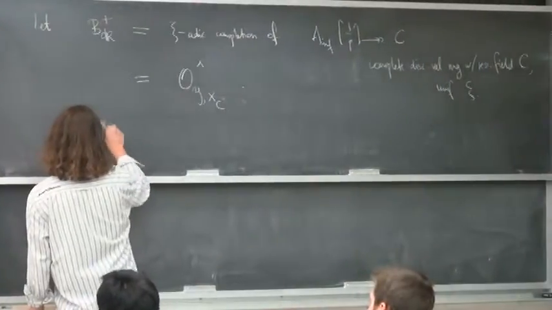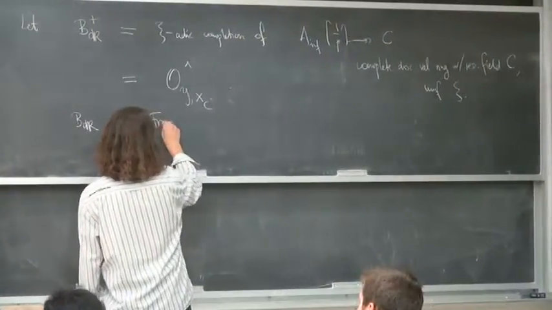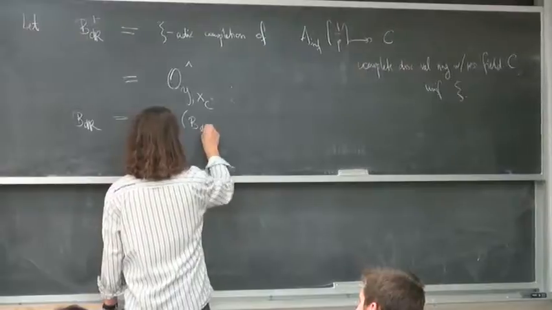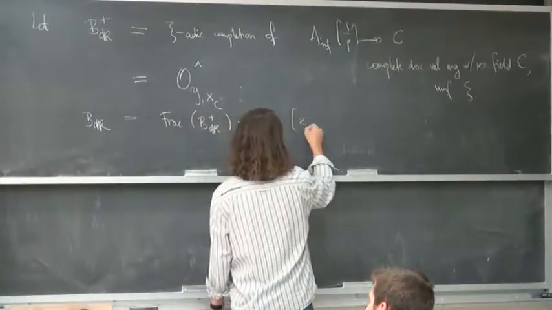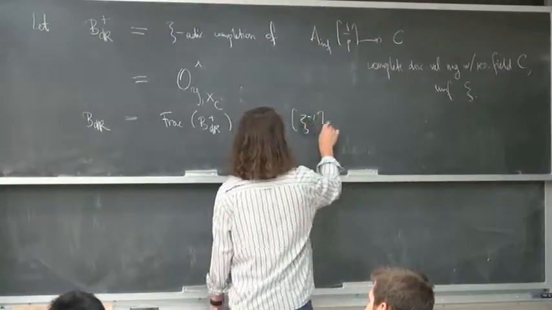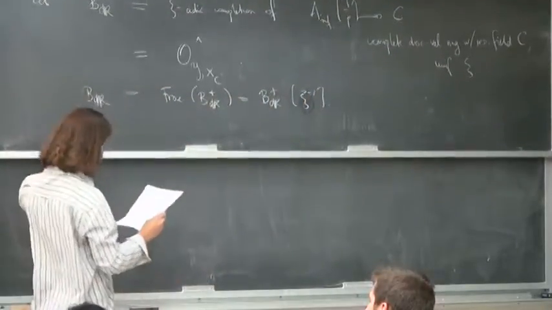And other notation that's unambiguous is B_dR, the fraction field of B_dR plus. You really just have to invert this element psi.